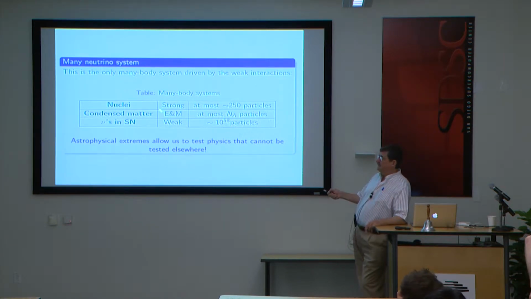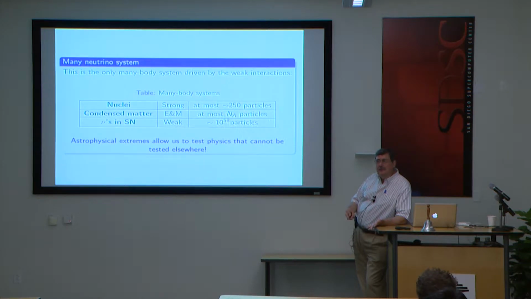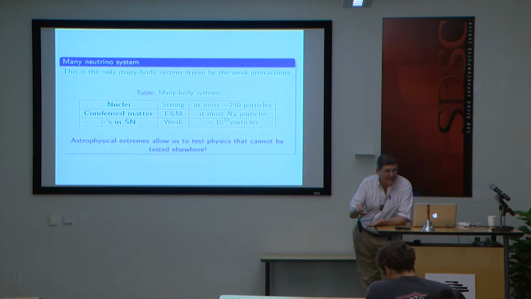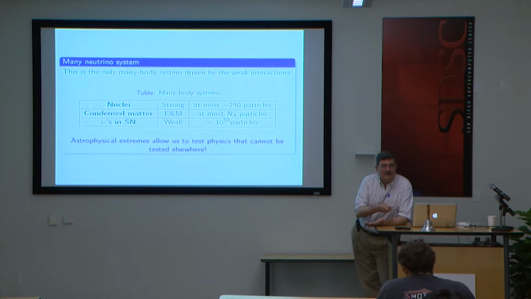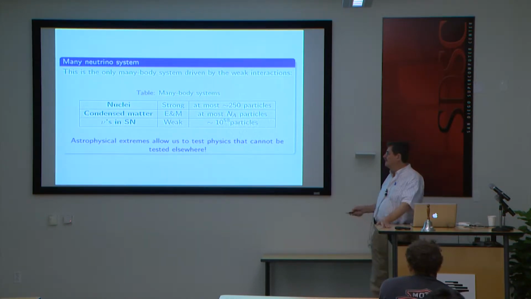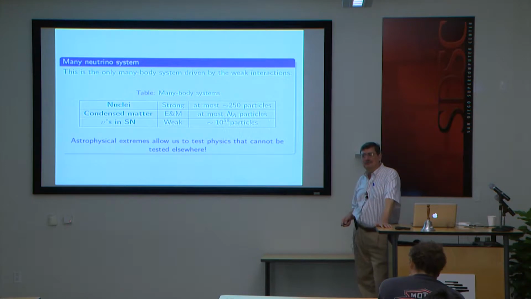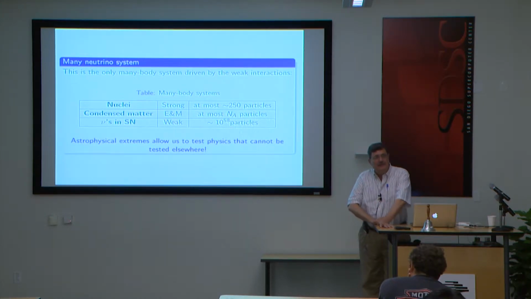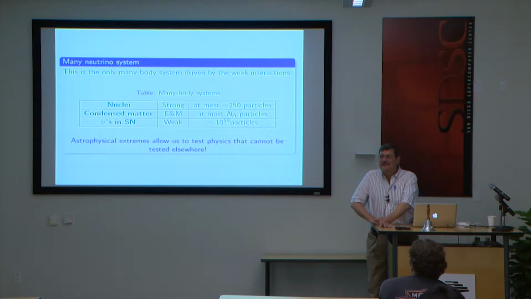Similarly, in condensed matter systems, the driving interaction is electromagnetic, and you have at most an Avogadro number of particles, but typically it's much less. But in the case of neutrinos in a supernova, you are dealing with a many-body system which interacts with weak interactions and has as many as 10 to the 57, 10 to the 58 particles.